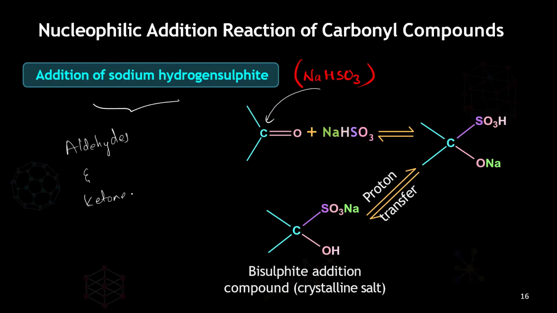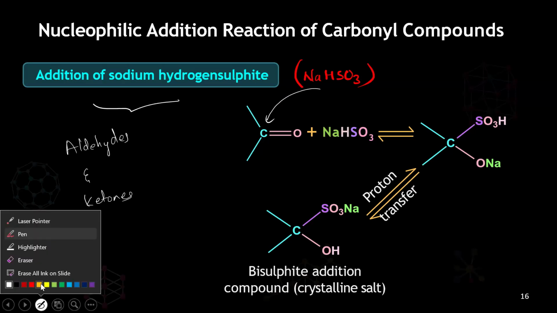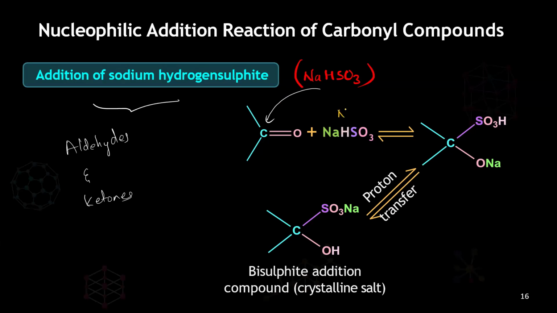So it results in formation of an intermediate. On proton transfer, it will finally turn out to be the bisulfite addition compound, or you can also call it a crystalline salt. So what's happening here? First, let's see the initial addition. This NaHSO3 will break down into Na+ and HSO3-.